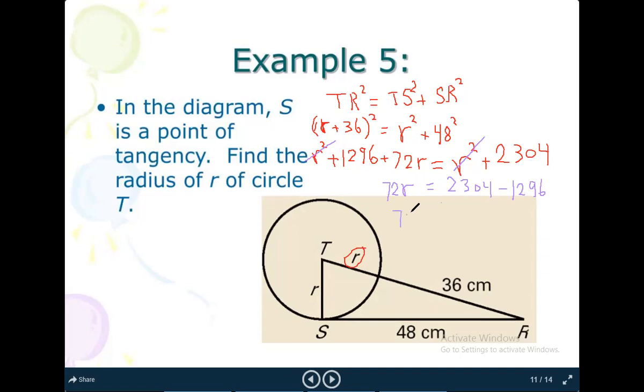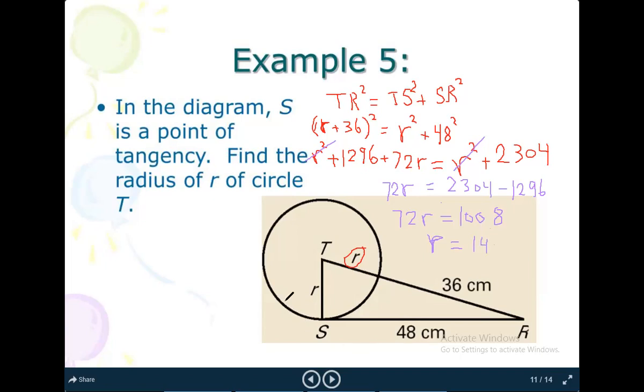So I have 72R now equal how many? 2,304 minus 1,296. It will be 1,008. So what is the value of R? We will divide both sides now by 72, which means the answer will be equal 1,008 divided by 72. So the answer will be equal 14.